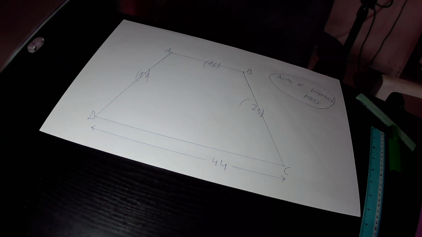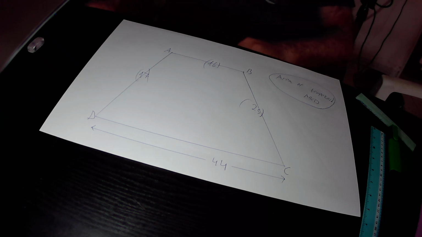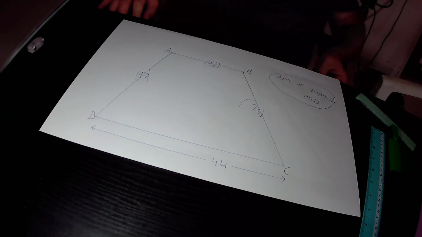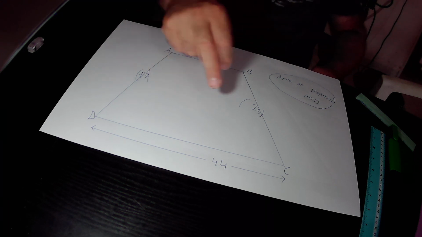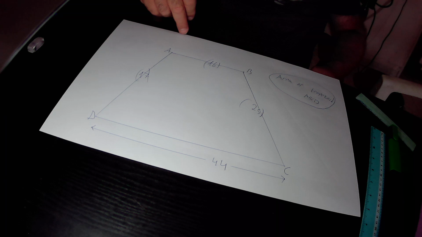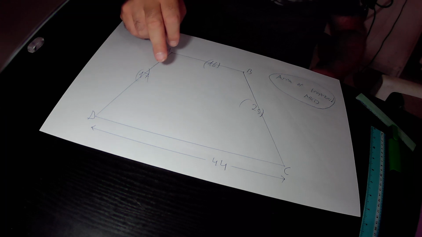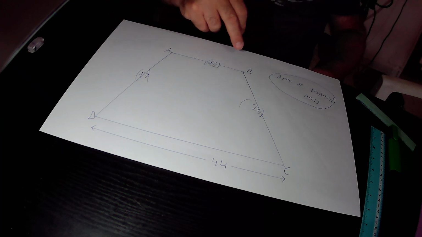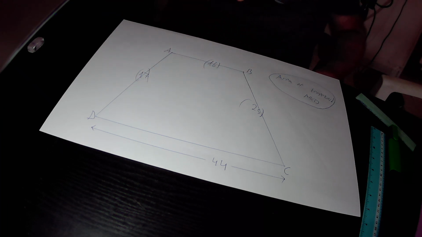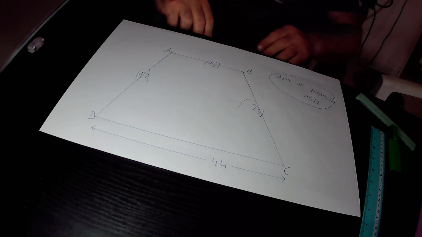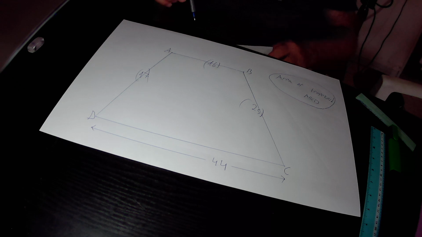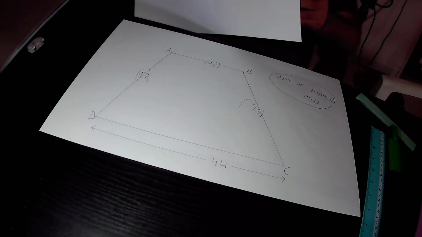First of all, we know that the area of any trapezoid is equal to the sum of its two parallel bases, in this case AB plus DC, times the height. The height h must create 90 degrees with the two parallel sides, that is to say with AB and DC, divided by 2.